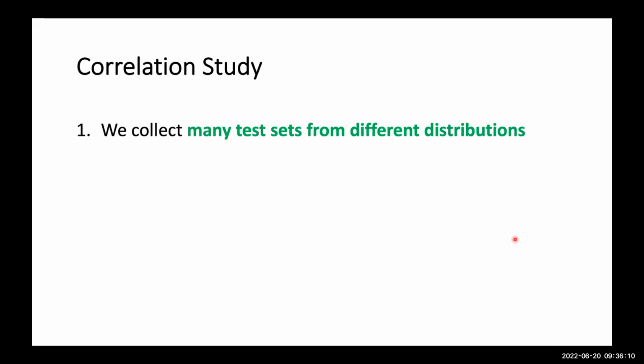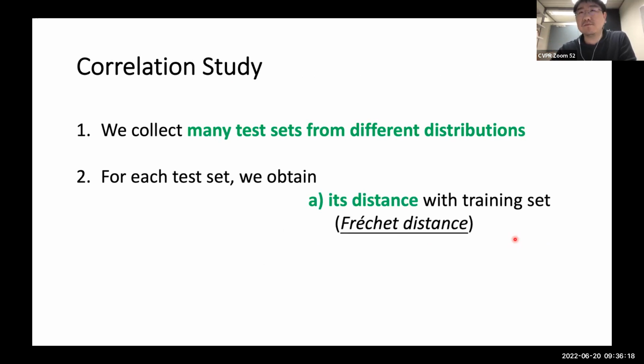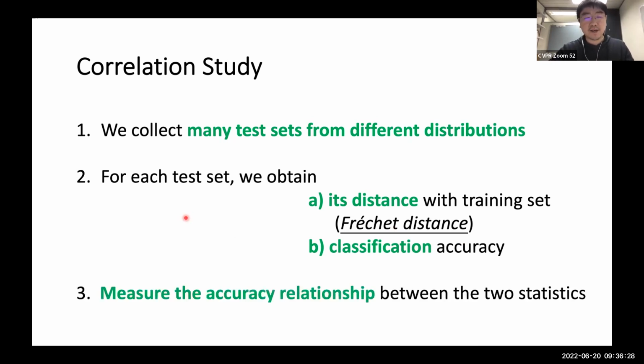Second, for each test set, we obtain its distance to the training set, and we obtain the model's classification accuracy on this test set. Third, we plot the relationship between the test accuracy and the distribution shift. These are the three things we want to do.